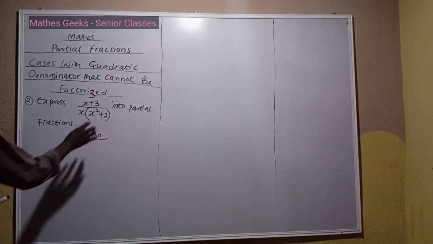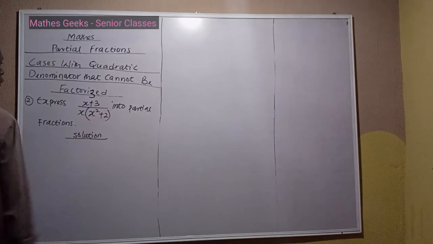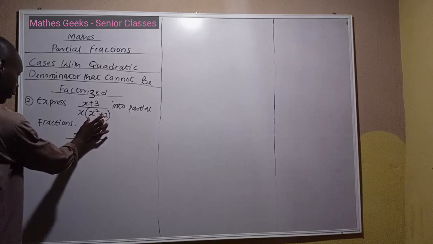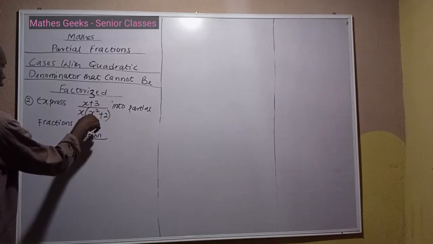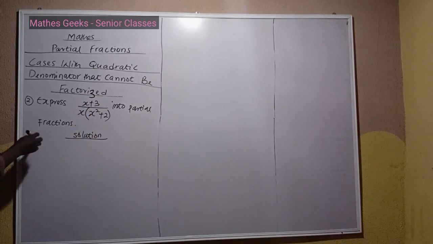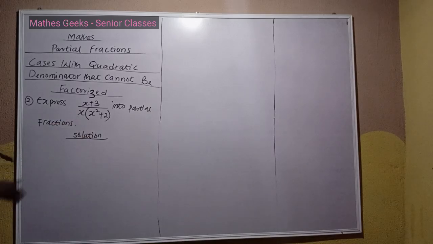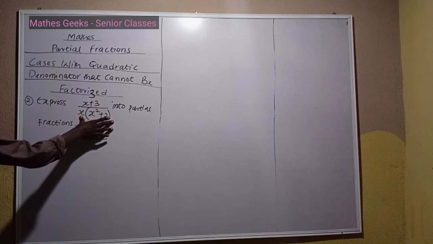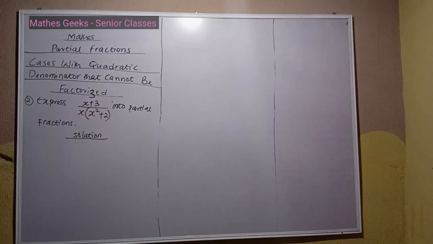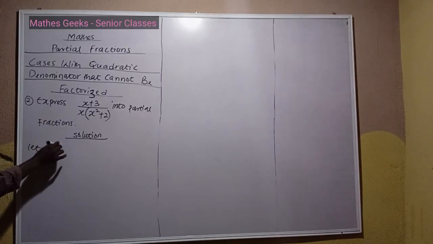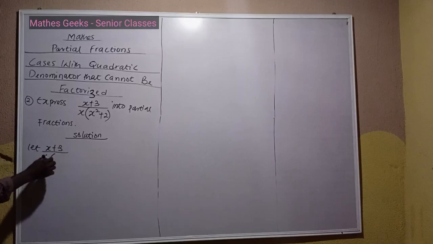First of all, attempt to factorize this part, and if you discover that it's not factorizable, which in this case it is not, then you resolve it through the general form that expressions of this nature are resolved into, which is a over x plus bx plus c over x squared plus 2.